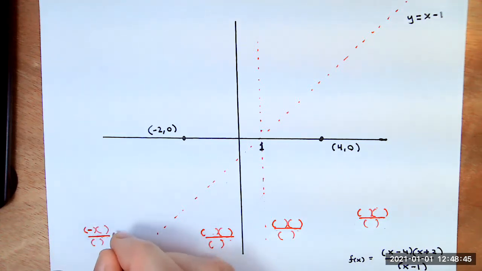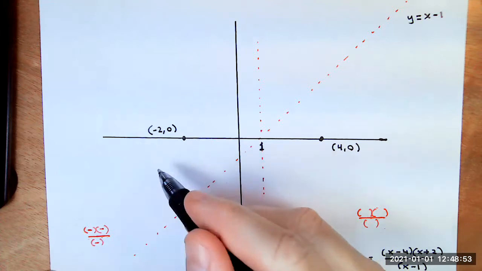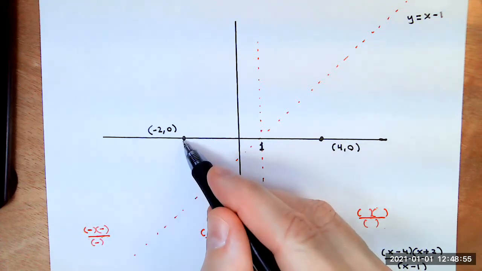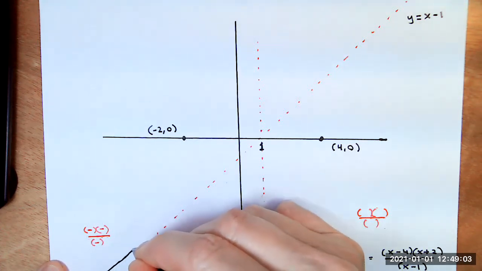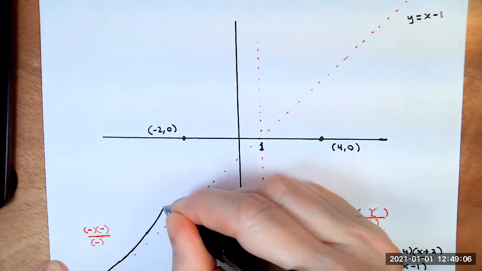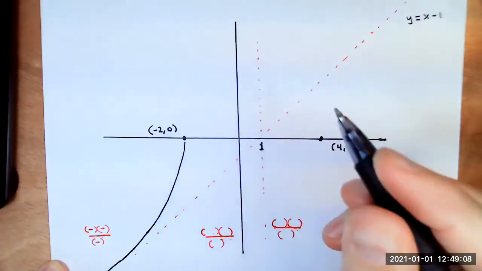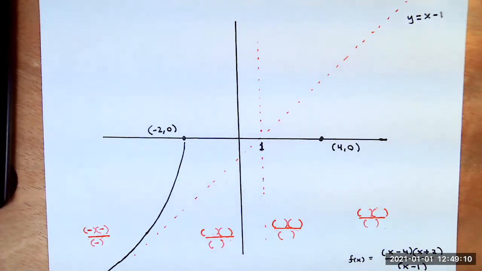This will be negative, this will be negative, this will be negative, so the whole thing will be negative. So negative up until here, which is my x-intercept. I have a slant asymptote, so it'll be asymptotic to the line x minus 1 until it gets to the x-intercept.